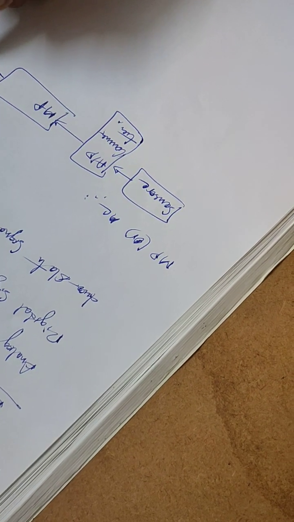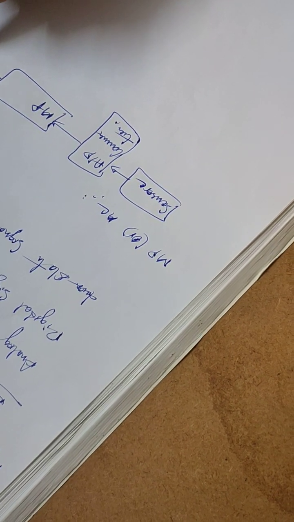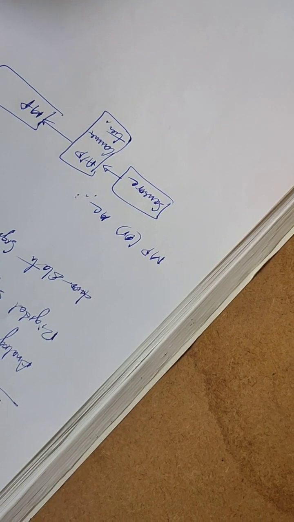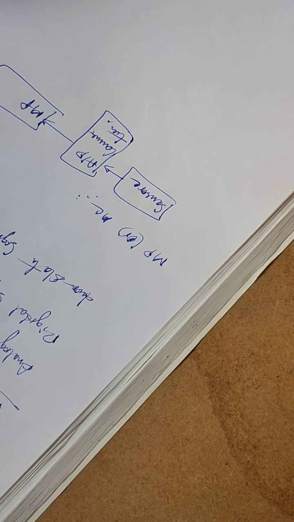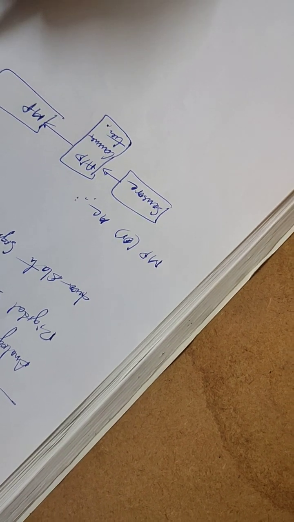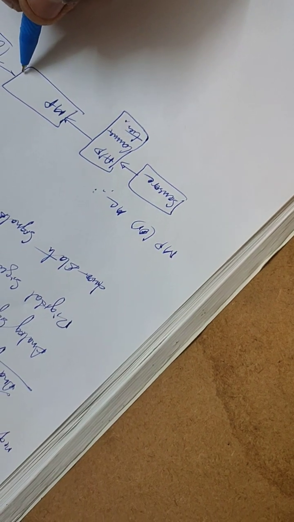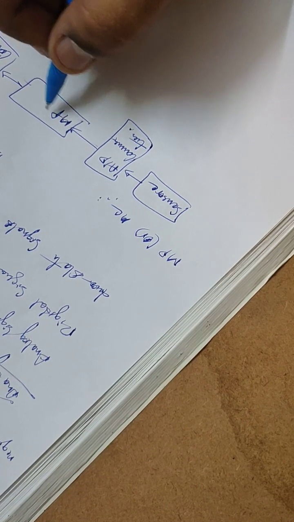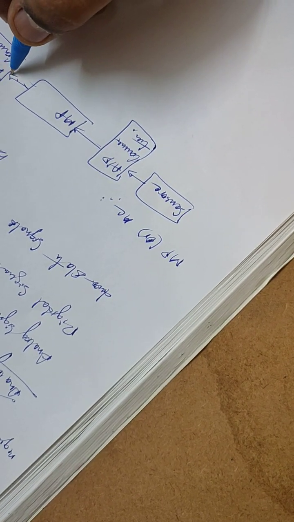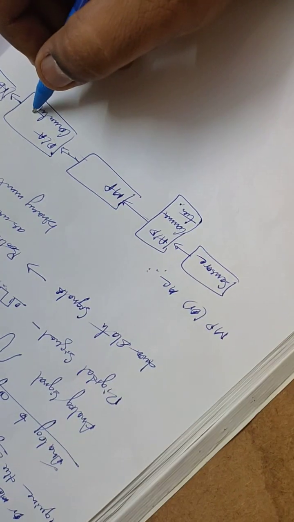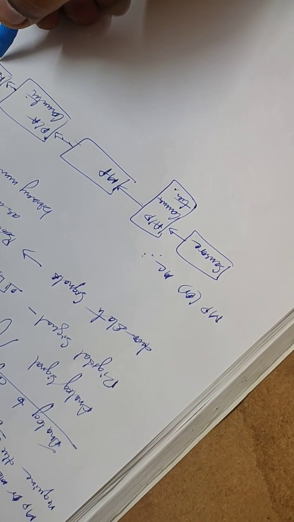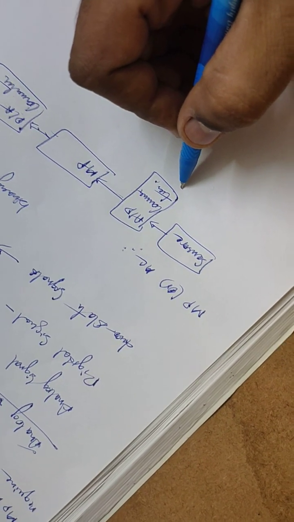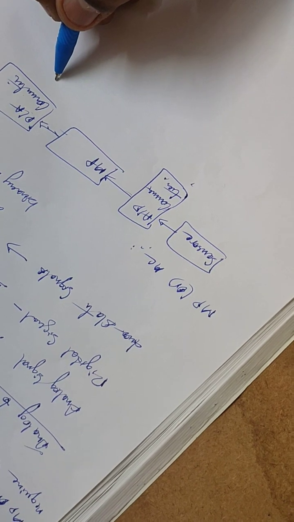So again we're going to use a digital to analog converter between the microprocessor or microcontroller and the actuator. We get digital input to the microprocessor, digital output will come, and this digital output should again be converted into analog in order to give it to the actuator. So here's the need for an analog to digital converter, and here's the need for a digital to analog converter.